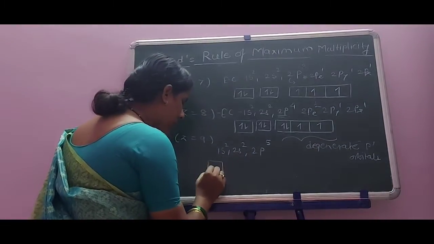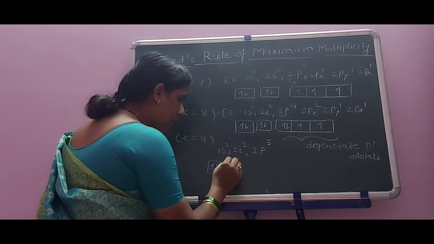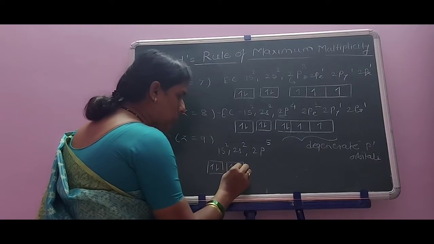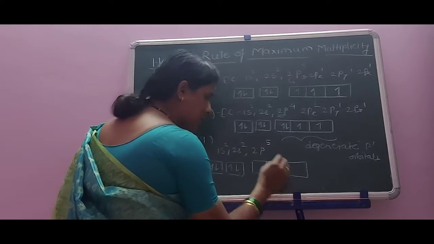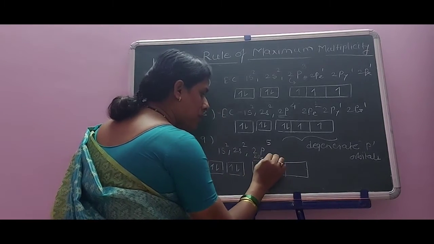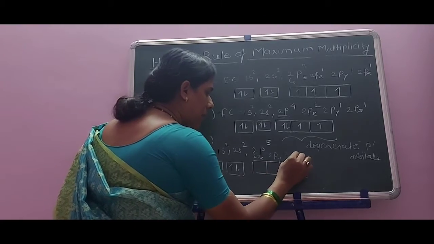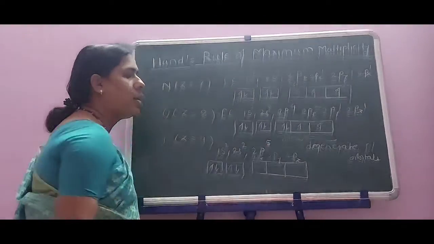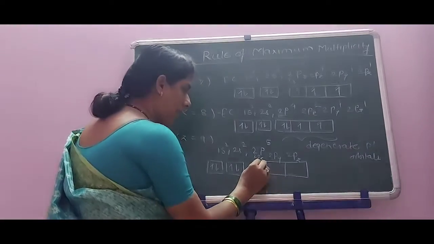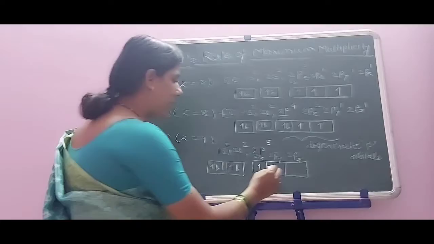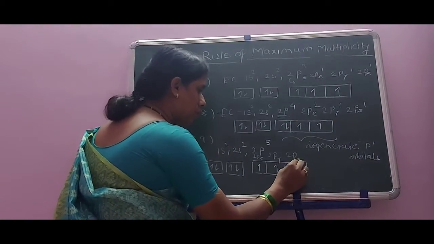Here we can draw the electron diagram for 1s2, 2s2, 2p5. In how many ways? First, 2px, 2py and 2pz. We have to fill 5 electrons. First, write in parallel spin: 1, second, third.